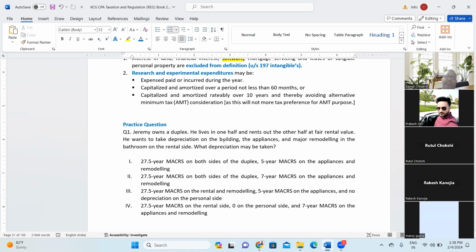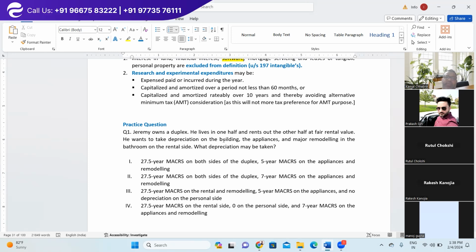First one is 27.5-year MACRS on both sides of the duplex, and 5-year MACRS on the appliances and remodeling. Second is 27.5-year MACRS on both sides of the duplex and 7-year on the appliances and remodeling.